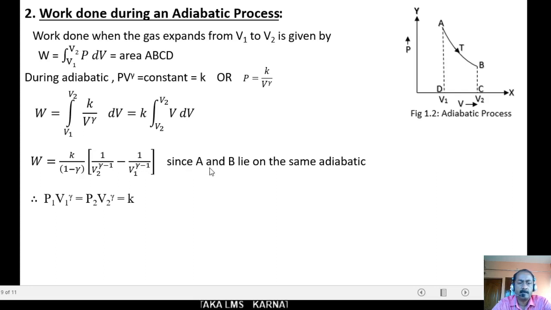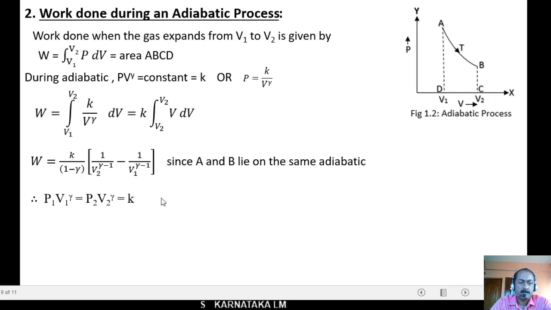Since the points A and B lie on the same adiabatic, when you integrate this, you can substitute the limits for volume V1 and V2 and rearrange, that means 1 by V to the power of gamma, we get this formula here.